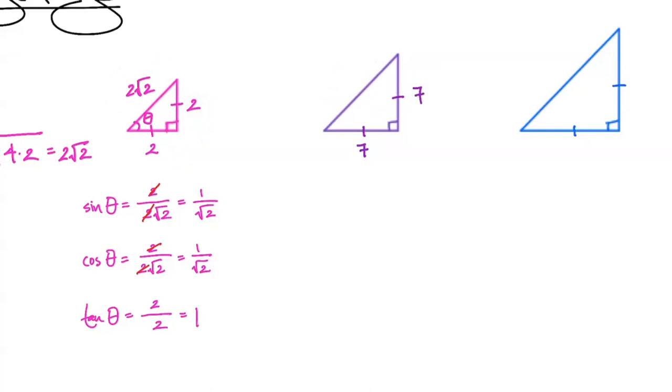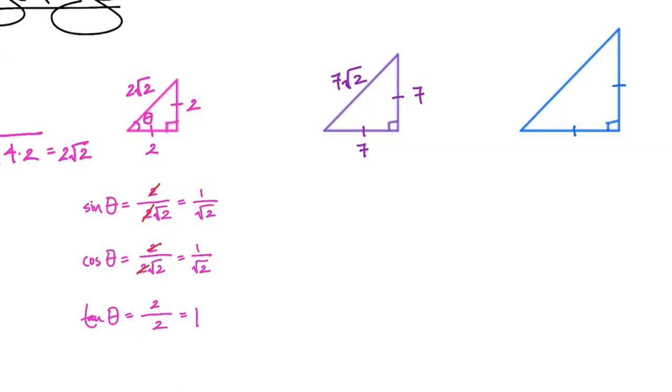Nice, it is indeed 7 root 2. And I'll leave that for you to confirm if you use the same Pythagorean identity that we used before. I bet once you simplify, you'll get 7 square root of 2.